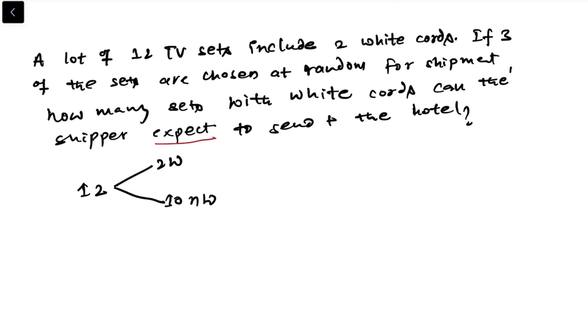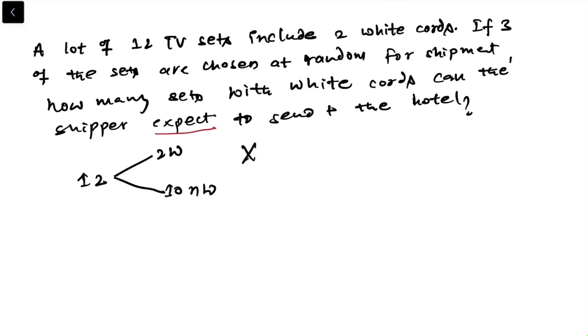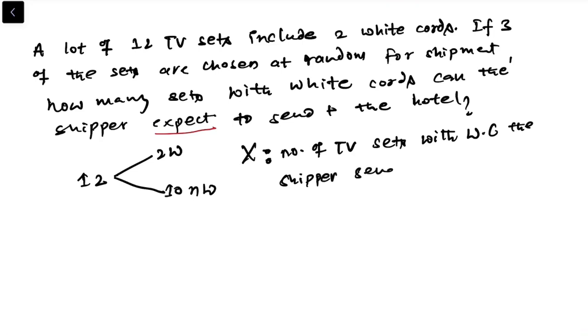Okay, so what is the random variable? The random variable X is the number of TV sets with white card the shipper sends to the hotel.